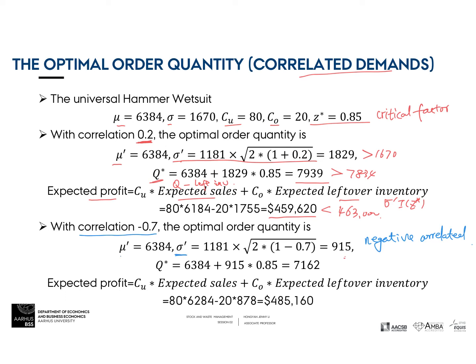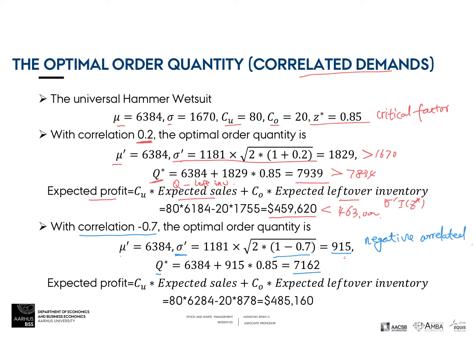The mean will be the same, and now you can see we have a 1 minus 0.7, which is actually smaller than the previous standard deviation. So now we got a 915 standard deviation. So your order quantity will be 7,162. This is the order quantity for the negatively correlated demands when you pool the products together.